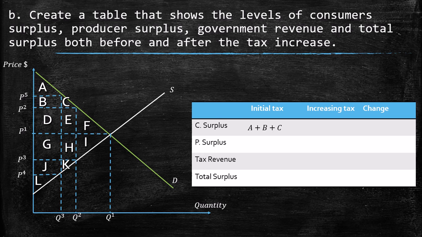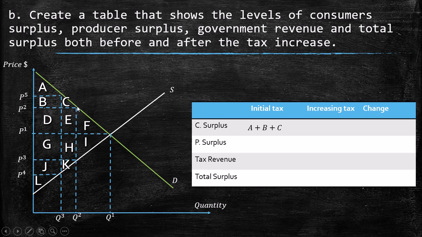So first, when there was the initial tax, the consumer surplus was A, B, C, because remember they have to pay P2.